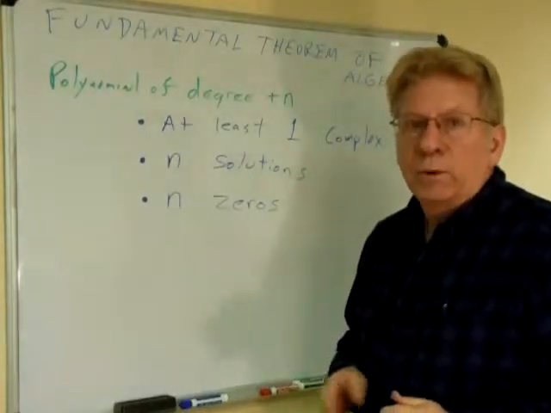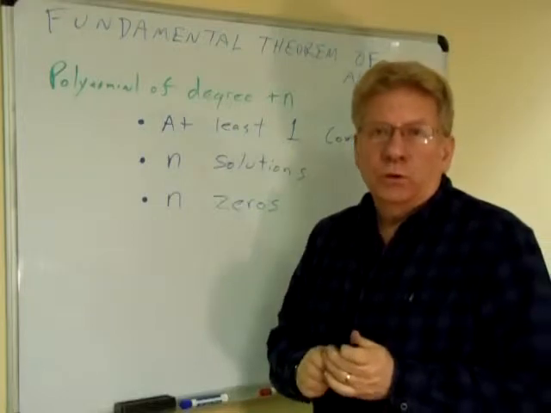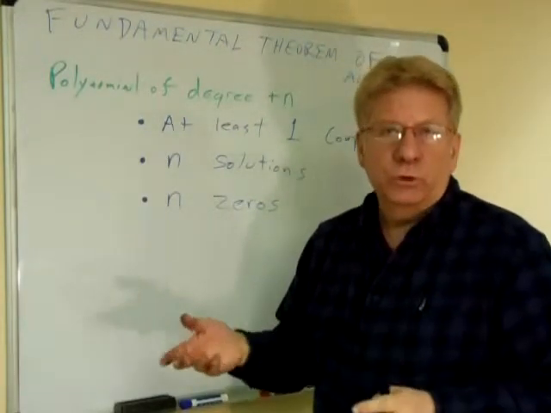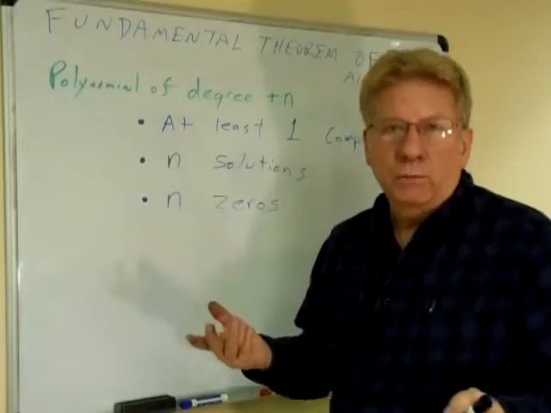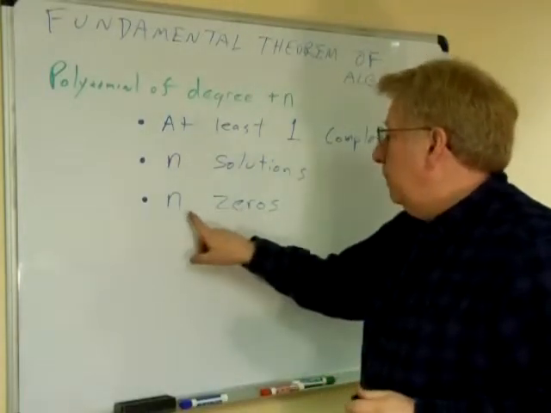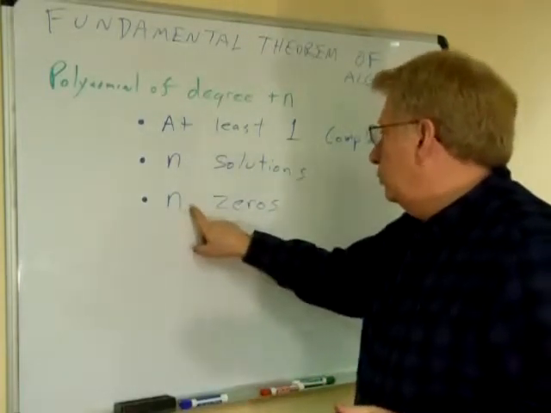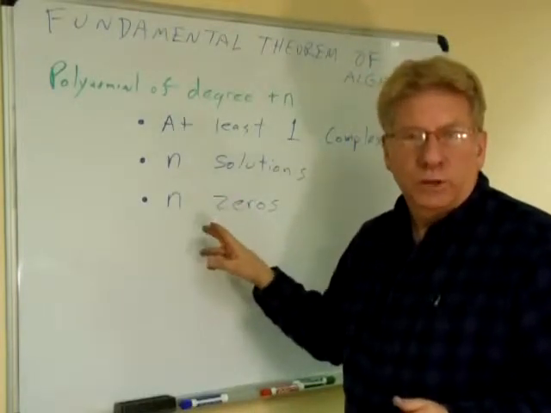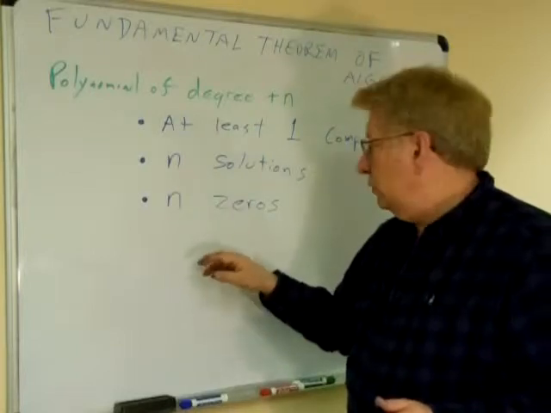Those solutions may repeat themselves, so you could have an x plus 2 and another x plus 2, for instance. And you could even have 3. And that exponent also is an indicator of the number of zeros, or x-intercepts, where we cross the x-axis.